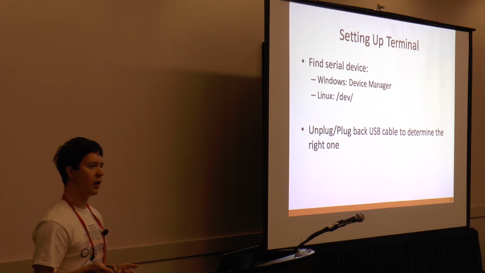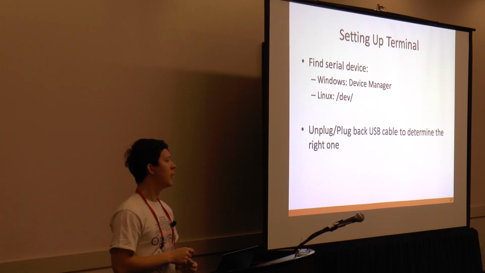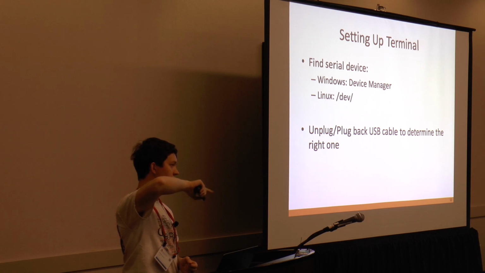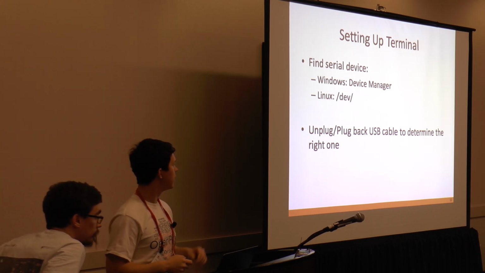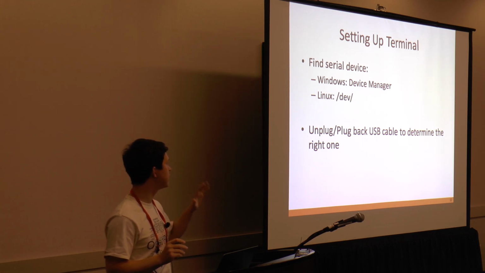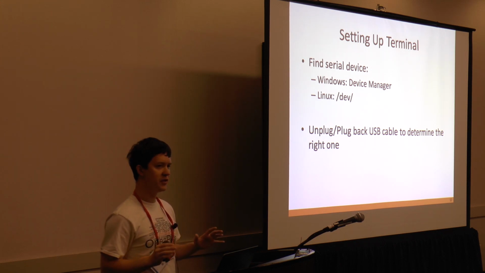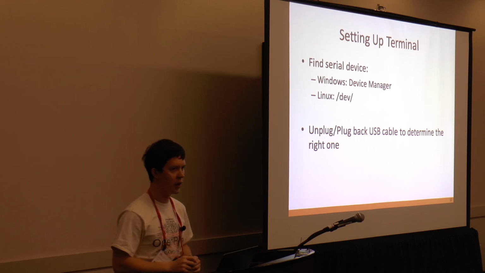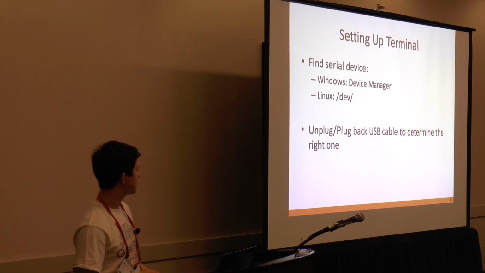So now you should connect the USBs which go from the board to your laptops and see that serial device. It's either COM 3 or 10 on Windows. It will show up as something like ttyUSB0 on Linux. And I guess it will also be in the dev folder on Mac.